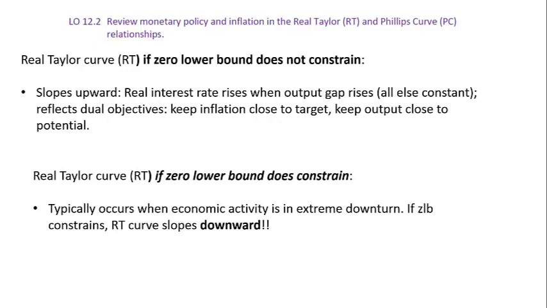Why? Because if the output gap falls, inflation falls, and if the central bank is not free to reduce nominal interest rates, then the real interest rate has to rise. Recall once again that the real interest rate is approximately equal to the nominal interest rate minus inflation.